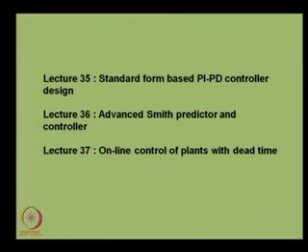Now, some advanced level of controllers to handle plants with long dead time known as Smith predictor controllers will be discussed in the 3 lectures, lecture 35, 36 and 37. Here we shall present one advanced Smith predictor controller, which can be used for controlling stable, unstable and integrating plants.